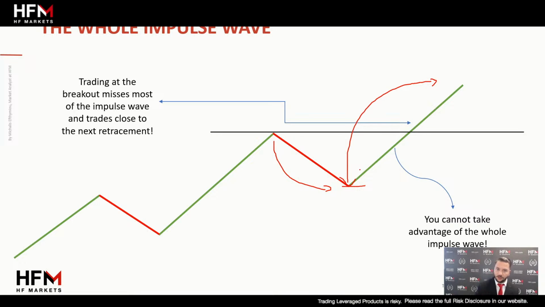So it's a lot more advantageous to wait for some price movement and some indications and then trade, for example, at this point here. And again, we're going to look at actual strategies in the coming slides. And the other issue is if you want to trade and take advantage all the way up to the high, this is another issue as well, because it's very risky.